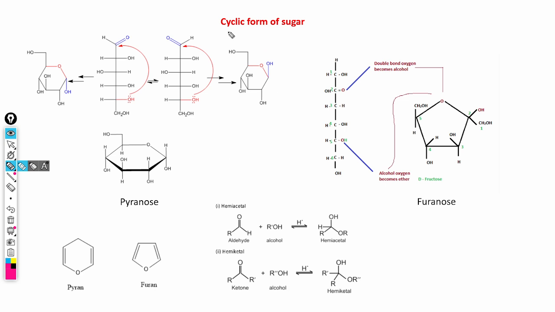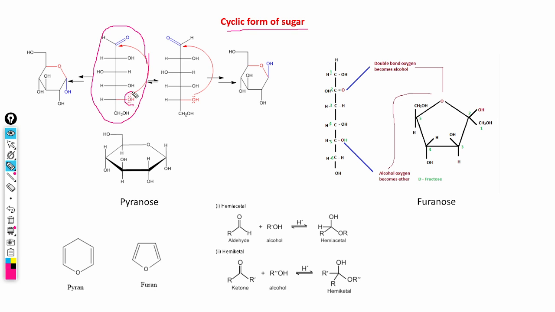Now again come to the cyclic form of the sugar. When monosaccharides exist in aqueous solution, they are formed in a cyclic manner. This is the extended form, but they can also exist in the cyclic form in aqueous solution. How?